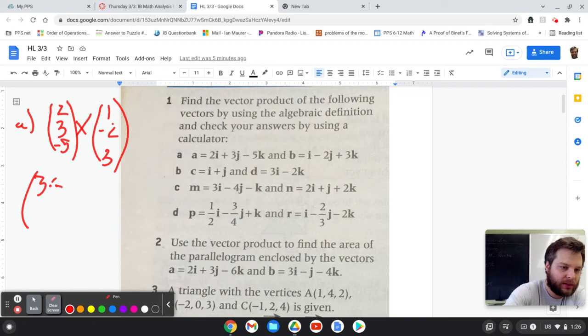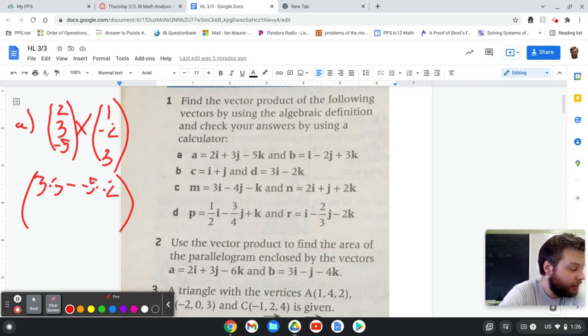So 3 times 3 minus A3B2. So A3 is -5 times B2 is -2. Sorry, my stylus is not writing very well today.